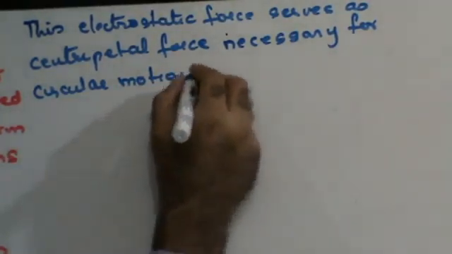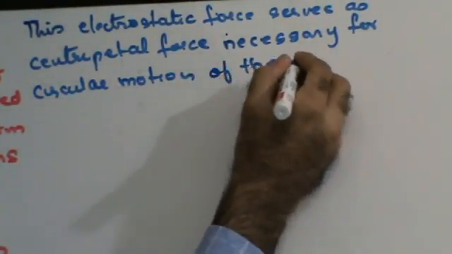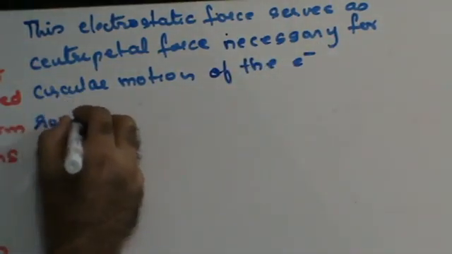Circular motion of the electron round the nucleus.